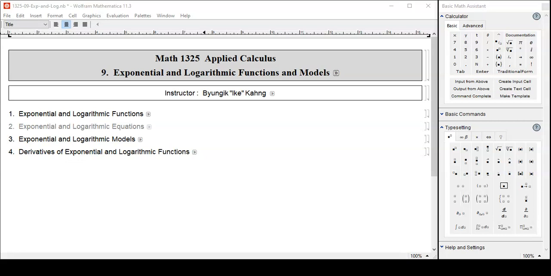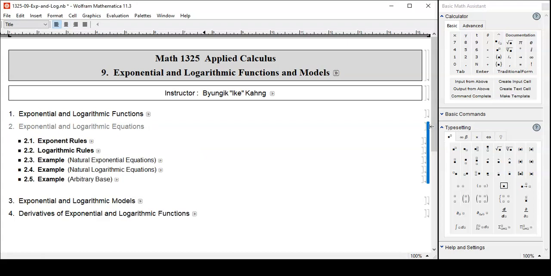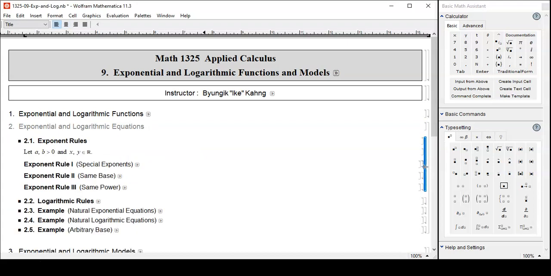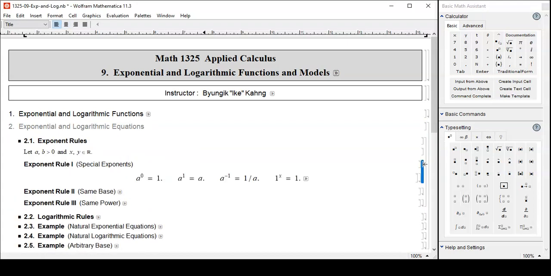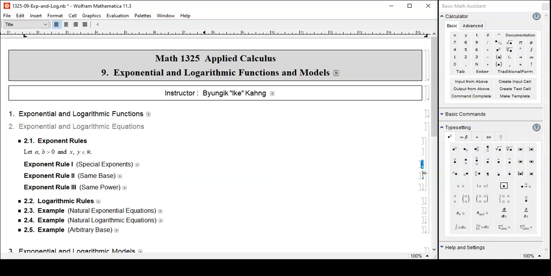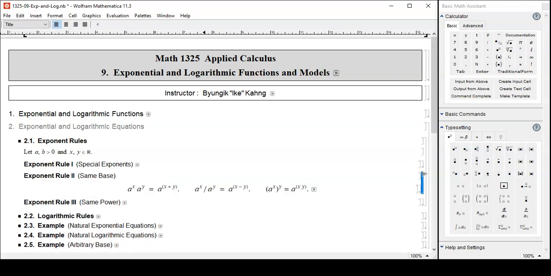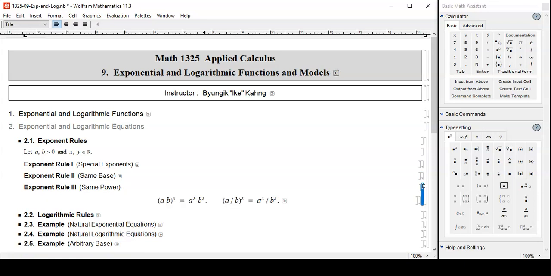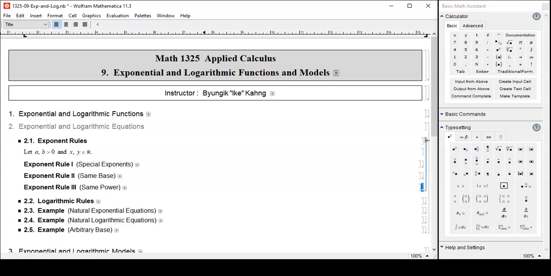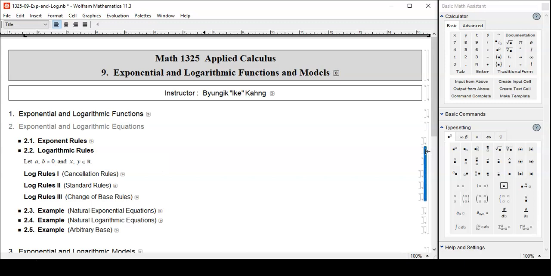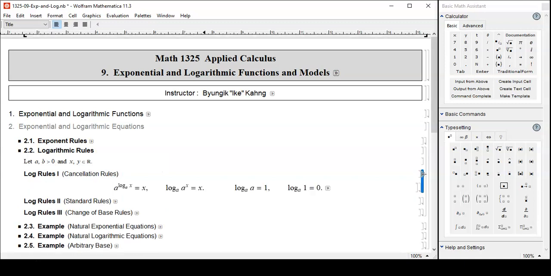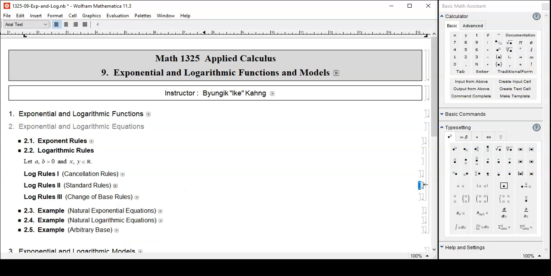I don't think we're going to do a lot of exponential and logarithmic equations in this course, but let's review that a little bit. To a certain degree we may have to use them. Review of exponential rules: special exponents, same base, and same power, and then logarithmic rules, cancellation rules, and then the standard rules.